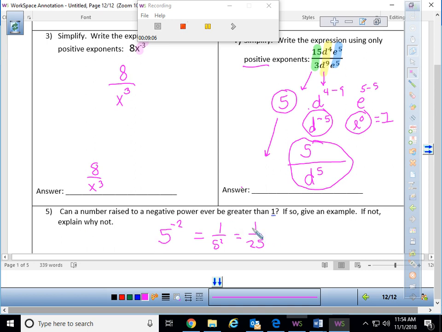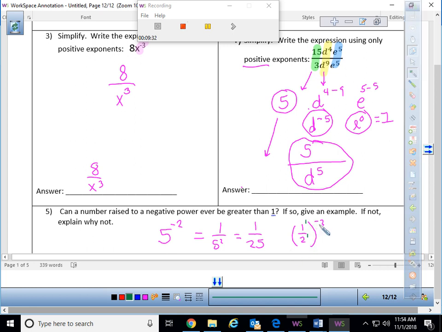But let's see an example like this. What if we have 1/2 raised to the -2 power? Now, let's see what happens when we do that. Well, what I would see here is an exponent of 1 and 1 here, and I'm raising powers to powers.